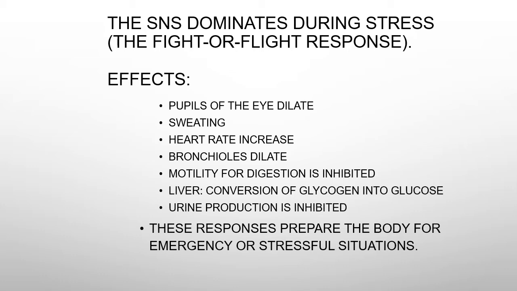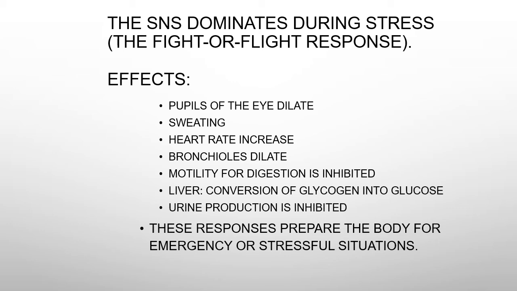The sympathetic nervous system is going to be there when we have so-called fight or flight responses. With fight or flight responses, we have this potential danger. There's some sort of emergency going on, something is happening within the body where we're going to need all of those sympathetic responses we talked about before.